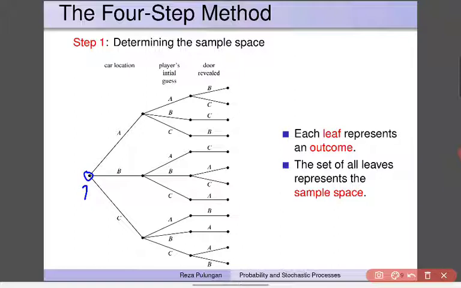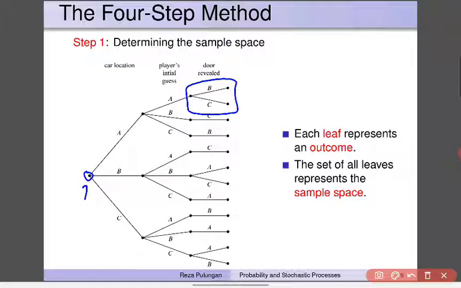Now once we select the location of the car, the next one is the player's initial guess, and there are also three possibilities for this, so we make three further branches out of each original one. Now the last part, the third randomly determined quantity, is a little bit special.